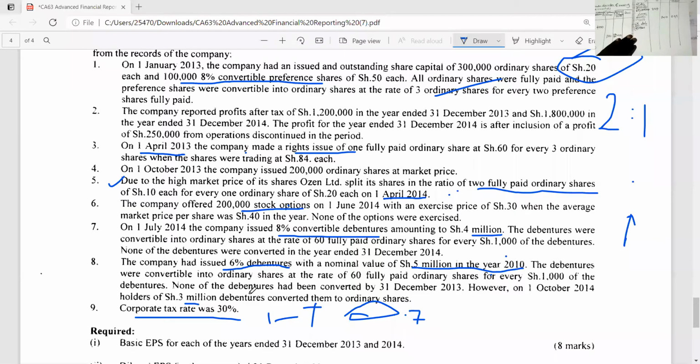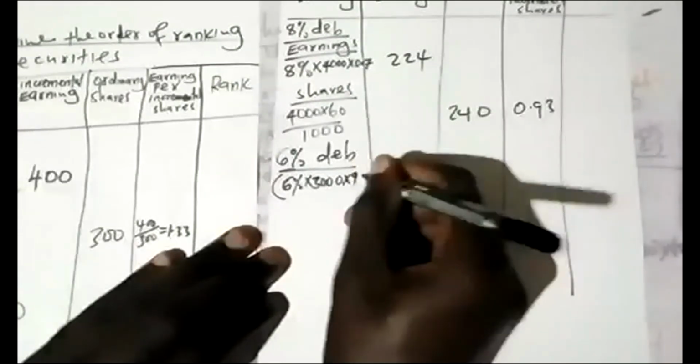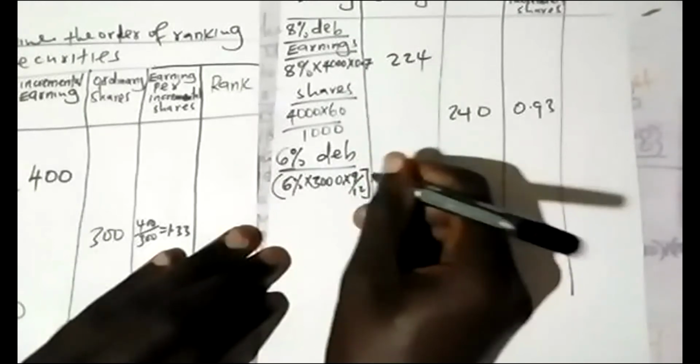The conversion occurred on 1st October 2014. So from January to the last date of September, that is 9 months. You multiply with 9 over 12, then you multiply with the tax shield of 0.7.